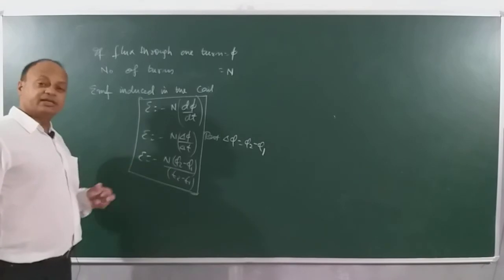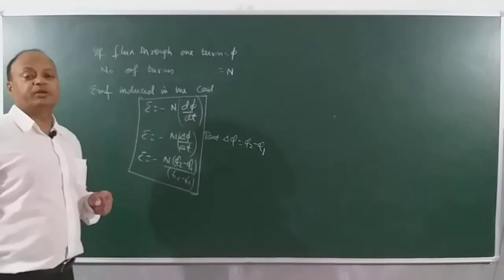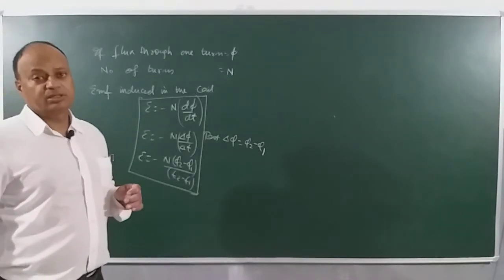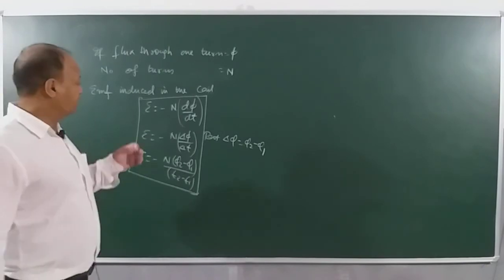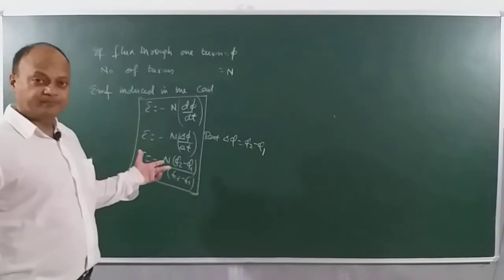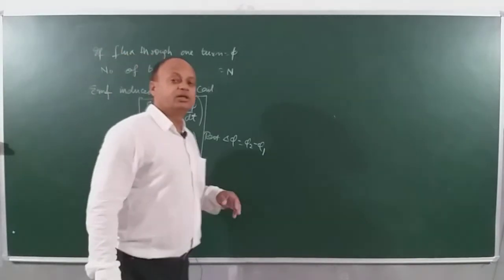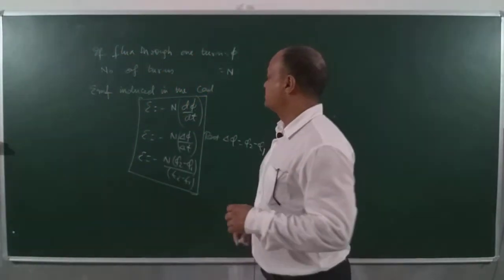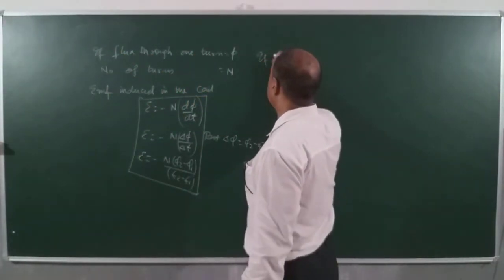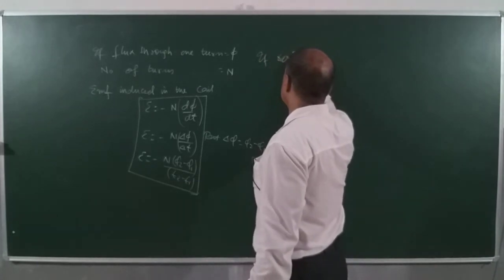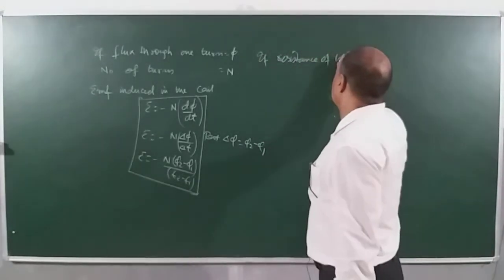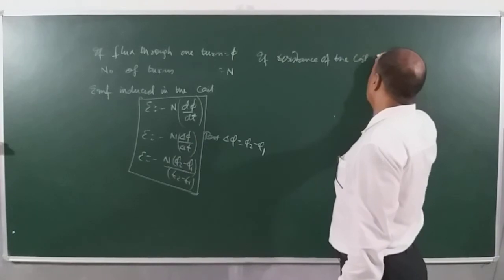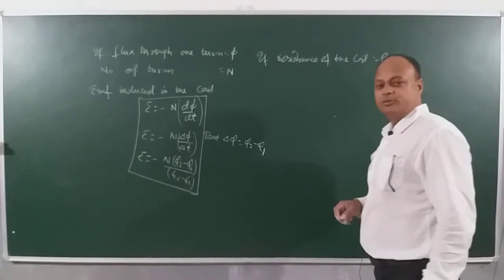Now when there is a current, then there also has got to be what? An EMF. So we have already got the EMF. Now let us calculate what? How much the induced current is. So we will say if the resistance of the coil is equal to R, then how much will I be, children?